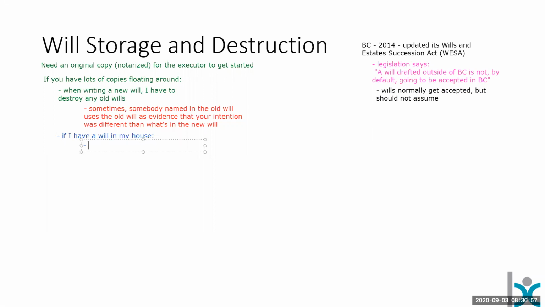If I die in a total loss house fire, the law assumes my will burned up with me. Okay, and that's the morbid assumption that goes along with this, that if you have a house fire, so that's where you get the whole idea to store your will in your freezer, in your deep freeze, right? I'm sure some of you have that kind of thing.